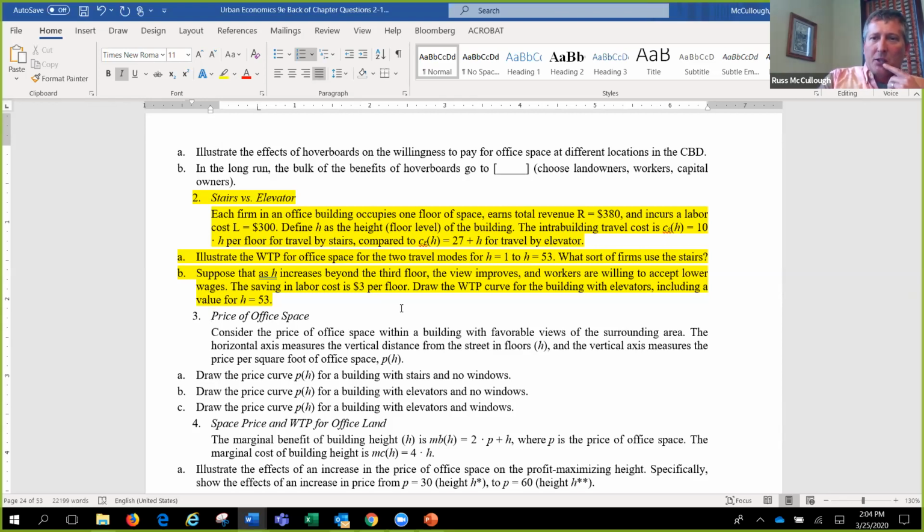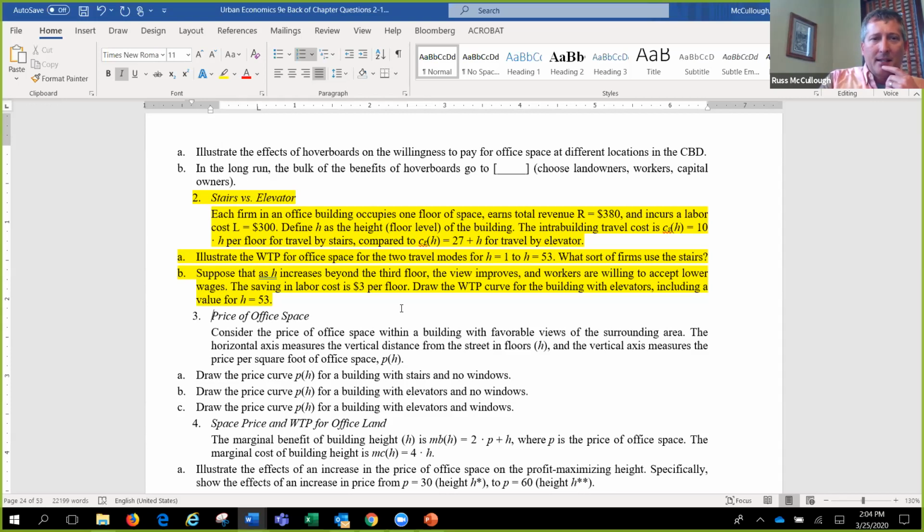The intra-building travel cost is C with the stairs of 10 times H, so it's using the stairs, the cost is 10 times H per floor for travel by stairs, compared to an elevator, CE, of 27 plus H for travel by the elevator.